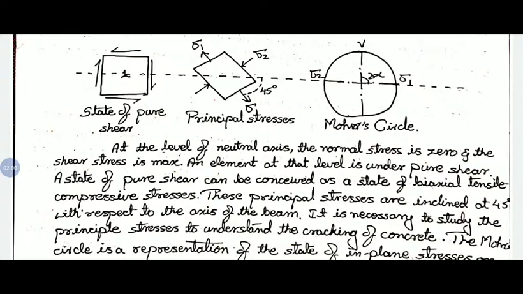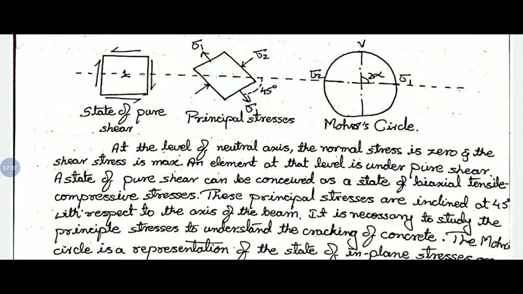The Mohr's circle representation of the state of in-plane stresses on surfaces of various inclinations passing through a point. In this circle you can clearly understand the horizontal and vertical axes represent normal and shear stresses respectively. The horizontal axis is sigma 1 and sigma 2, the principal or normal stresses, and the vertical represents shear stresses.